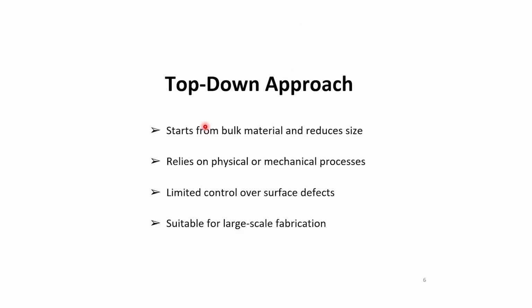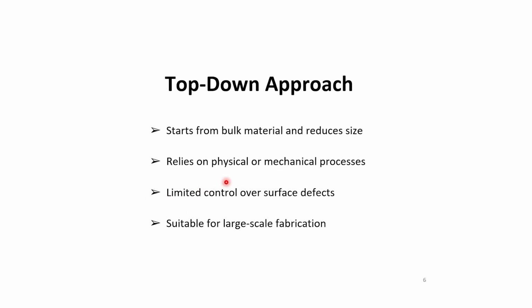So let's revise this, because this will matter as you study more approaches, more methods of synthesis. You need to have a clear idea of what this is. So top down approach, basically top to down, this is what it means. Starts from bulk material and reduces size. It relies mostly on physical and mechanical processes.